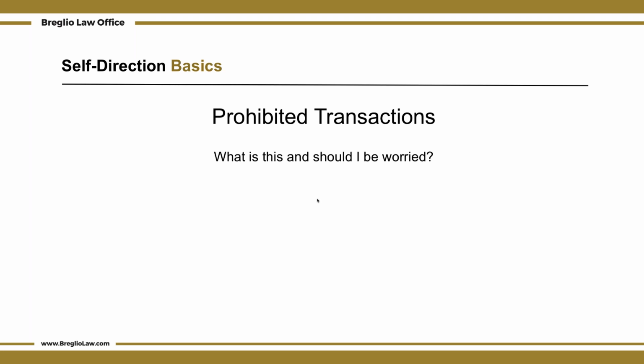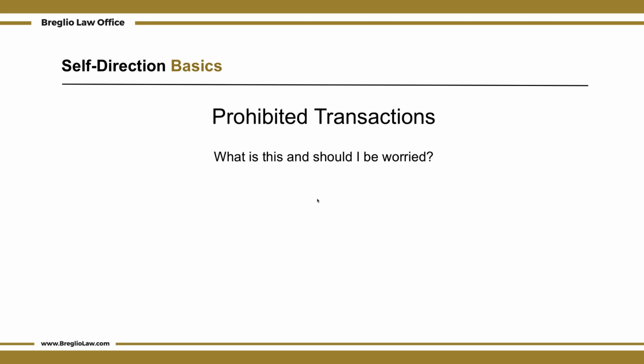Sometimes it's pre-tax money, so you're saving taxes now. In a Roth account, it comes out tax-free, grows tax-free. So the IRS in general looks at retirement accounts like nonprofit companies.